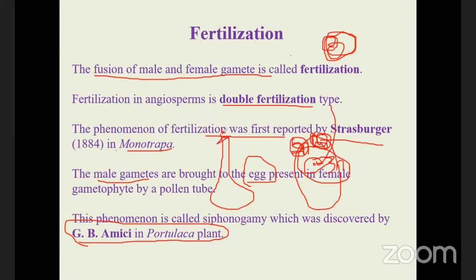You see, the pollen is put on the stigma by pollination, then it germinates and reaches toward the ovule. It forms a tube-like structure, the pollen tube. The pollen tube formation takes place for the fusion of the male gamete with the female, and this formation through the tube-like style is called siphonogamy.